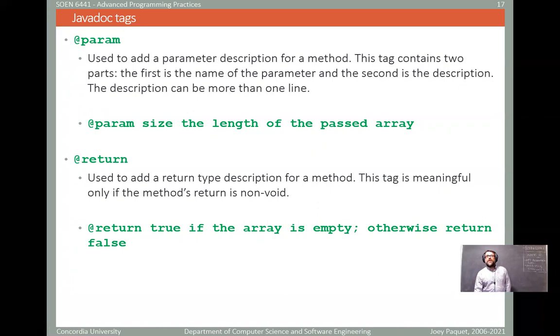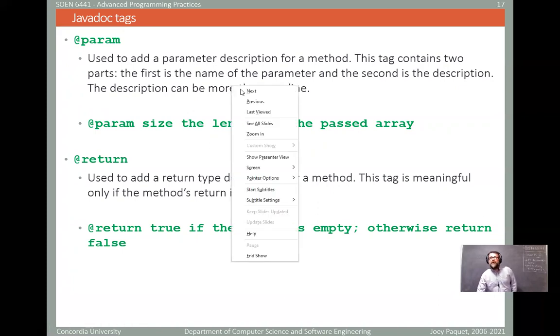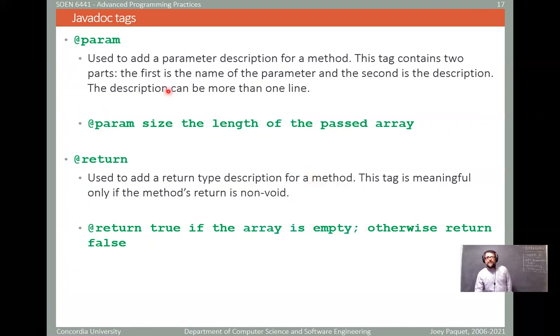So in order to document a method, you must have an @param for every parameter of your methods. You should also have an @return for every one of your methods. Even if it's returning void, you can have @return and then void.